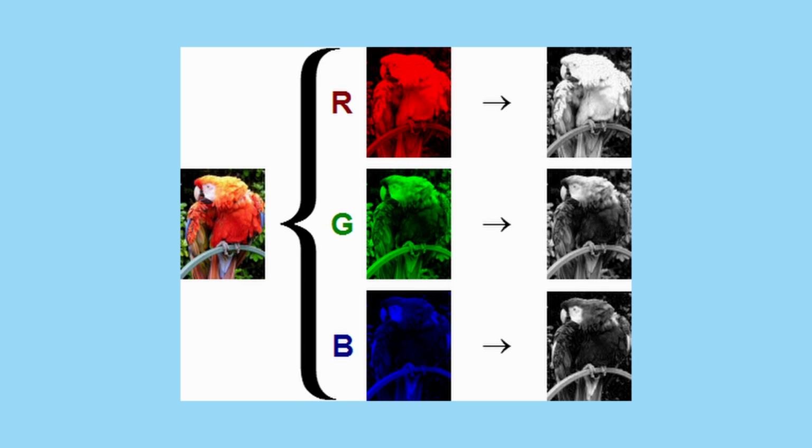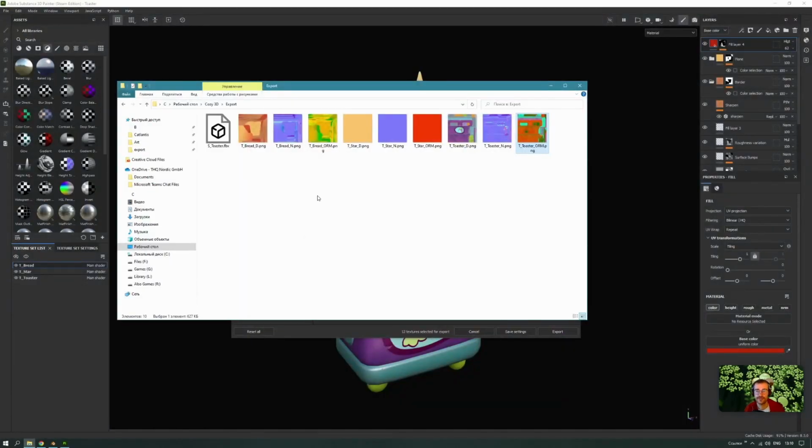Each channel is more or less grayscale, and they only get combined in the end to make up the colors. I don't know if I explained it well, but basically, because you only need grayscale values, you can pack them in the red channel, the green channel, and the blue channel. Exactly. And the reason we're doing this is to save texture memory, because you're basically having three textures packed in one, and that saves memory, which is great.